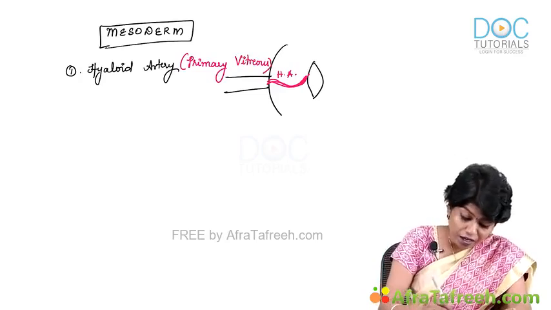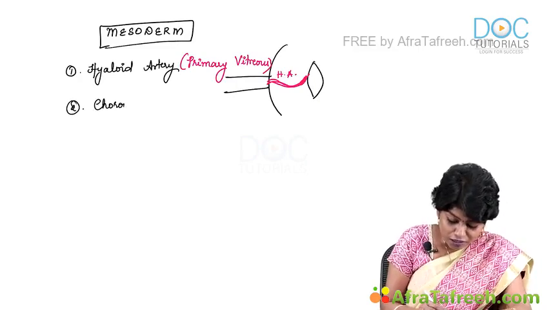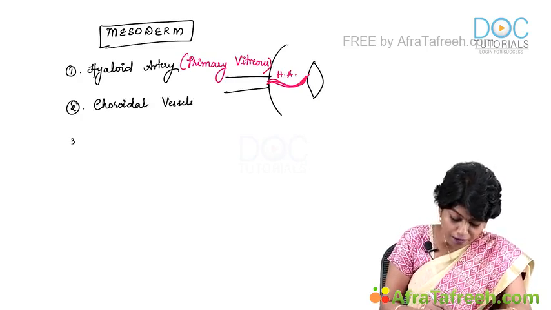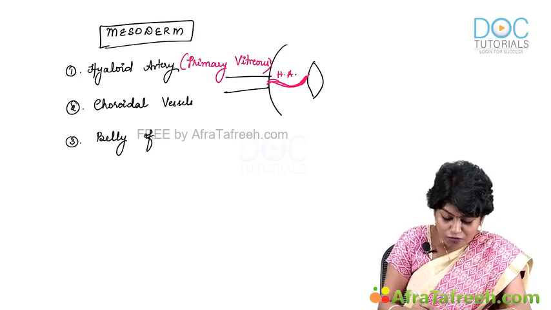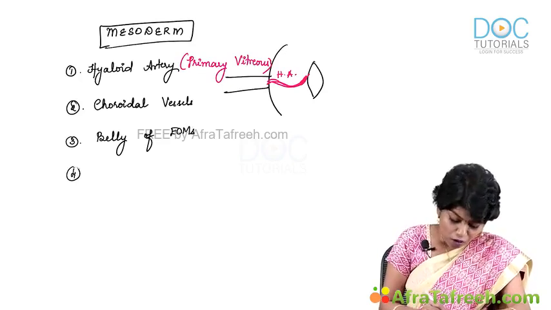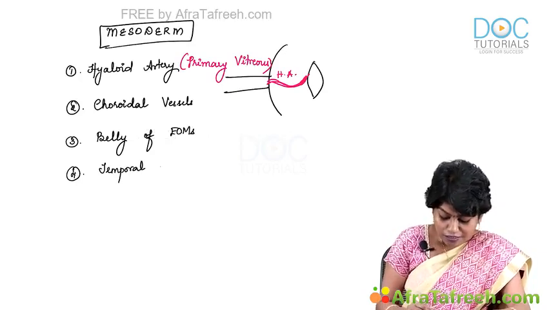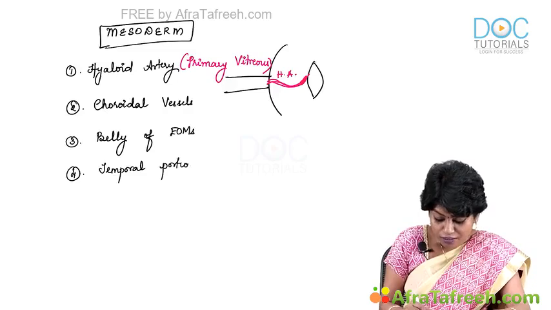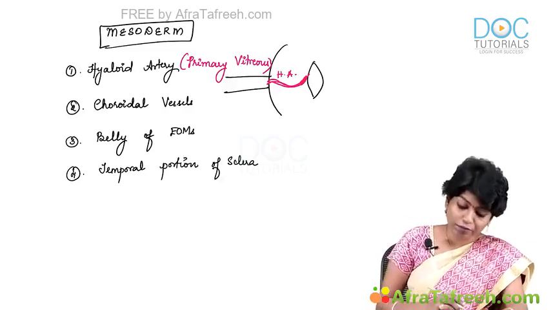Is that clear? Then the choroidal vessels. Then the belly, the fleshy portion of the extraocular muscles, and a small temporal portion of sclera.